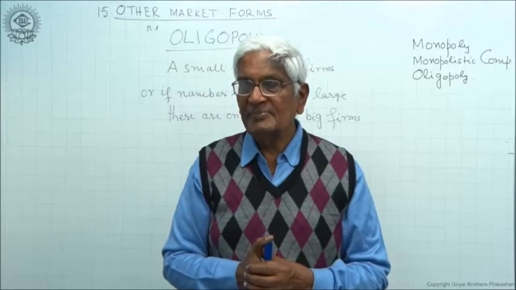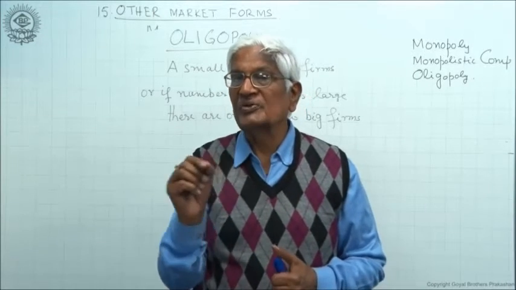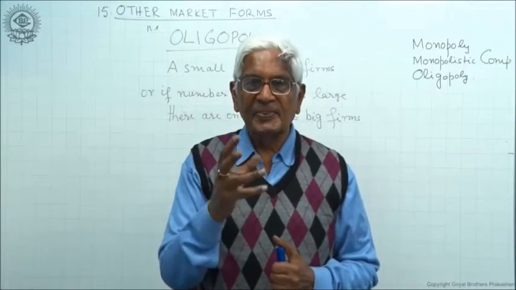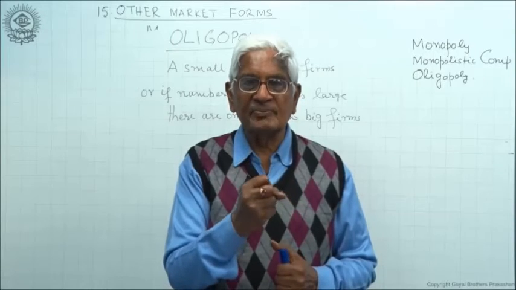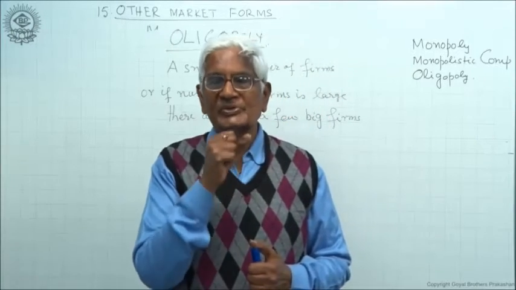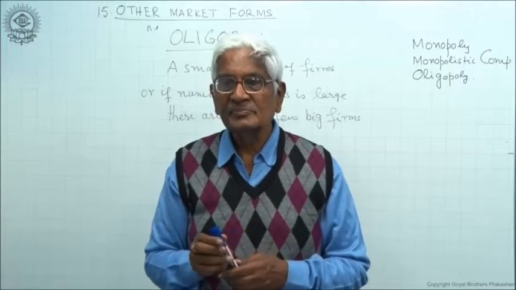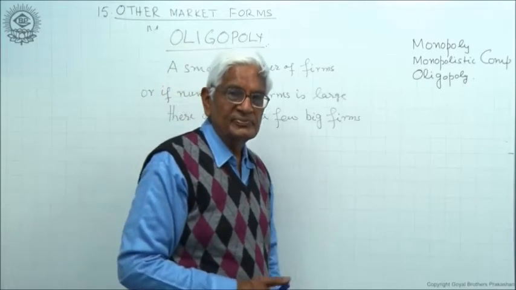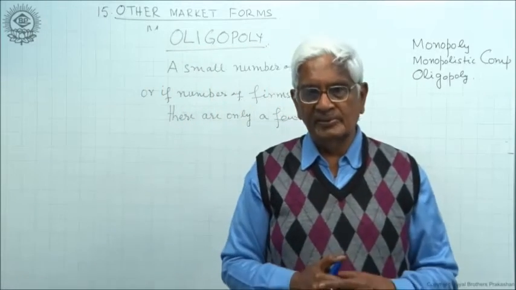But at the same time, there are a large number of small firms, जिनको आप बोलते हैं ग्वाले, जिनके पास एक भैंस है, दो भैंस है, और वो दूध सप्लाई करते हैं, दूध बेचते हैं. They are also firms. But among them, there are a few big firms. It is also a case of oligopoly.